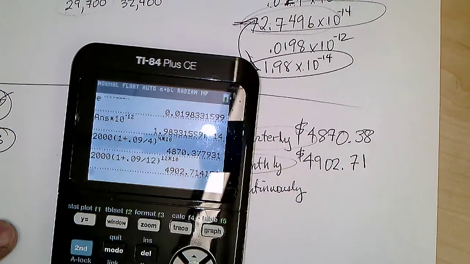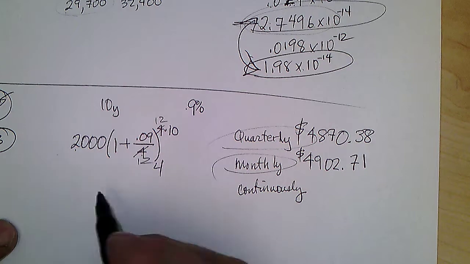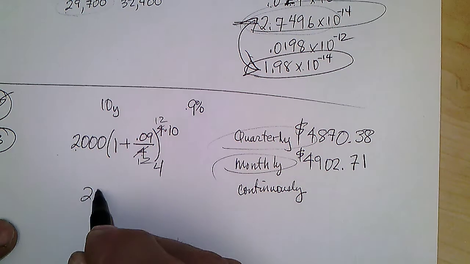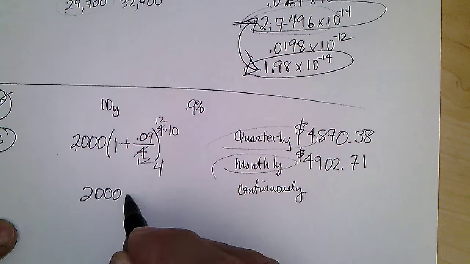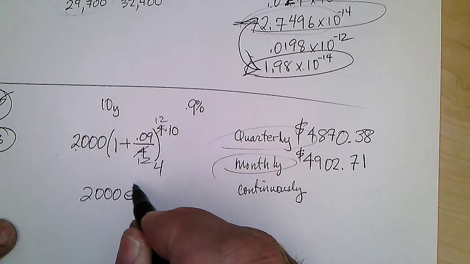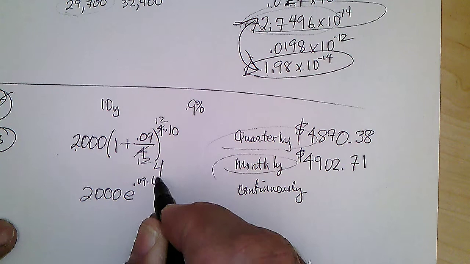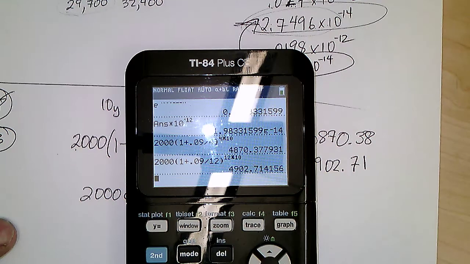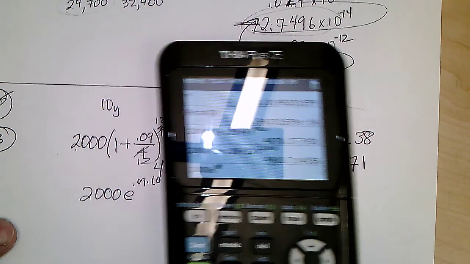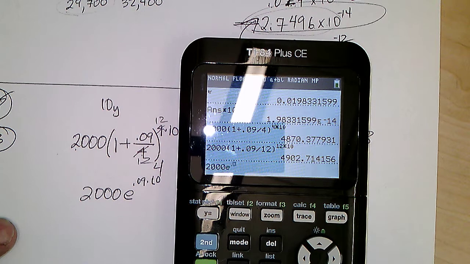Now continuously, then I have to use the formula 2,000, the initial amount, e to the interest rate 0.09 times the time t, 10. 2,000 e to the 0.09 times 10.